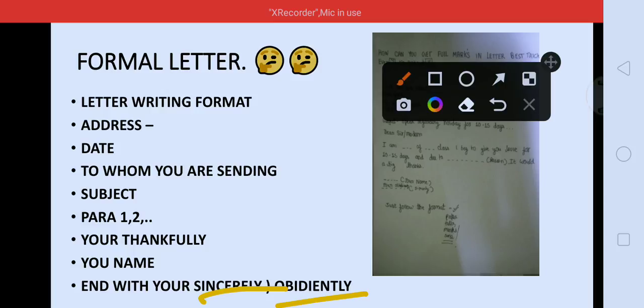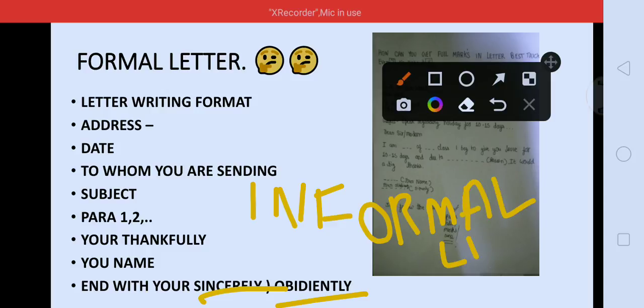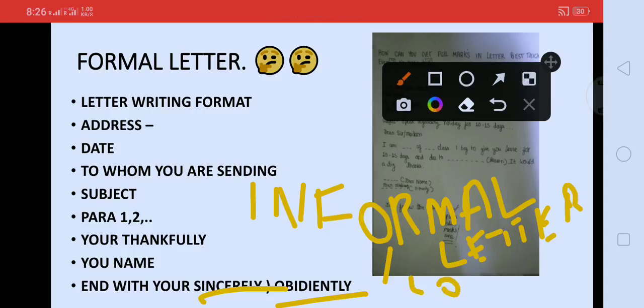So at the point when you are writing an informal letter, you will be doing this, right? For an informal letter, what you have to do is, over here you have to write yours lovingly.